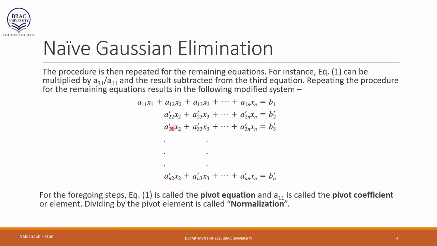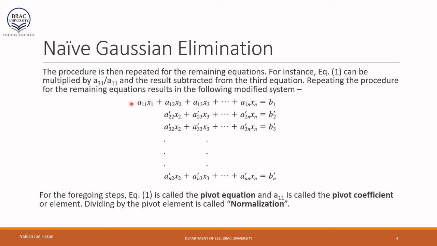Remember, for the foregoing steps that we have covered, the first equation is termed the pivot equation because we are not changing the first equation. For the first step we are just vanishing the first column. So the first equation is the pivot equation, and this a11 coefficient is the pivot coefficient.